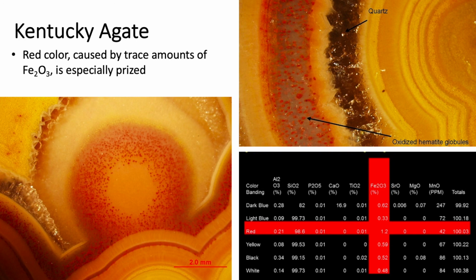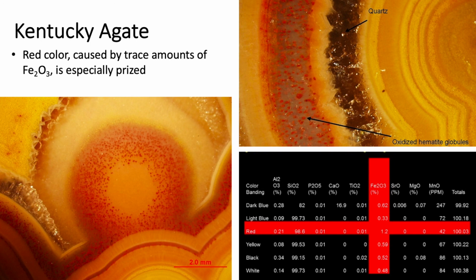This is also a nice example, I think, of the difference between normal crystalline quartz and the micro or cryptocrystalline quartz that forms most of the layers of an agate. Here you can see we have some layers that actually are crystalline. You can see the crystalline structure of the quartz here, whereas if you move to these other layers, the crystals again become so tiny that you can't distinguish them from one another, even on this fairly zoomed in scale.